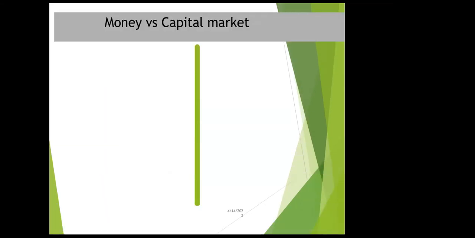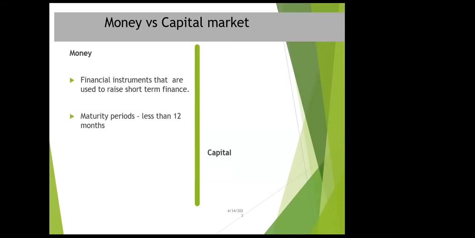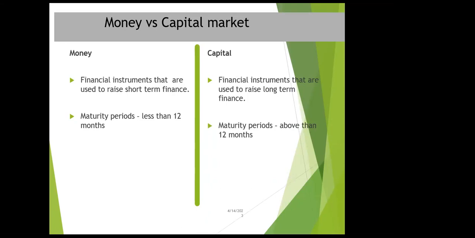So what is the money market, for starters? The money market is a market where you access financial assets that are utilized for a short period of time. These are instruments that you raise for a short period, usually between 1 month and 12 months.